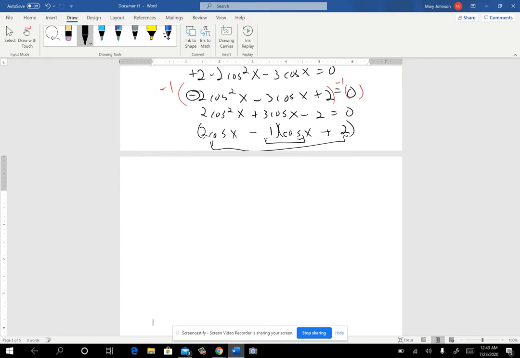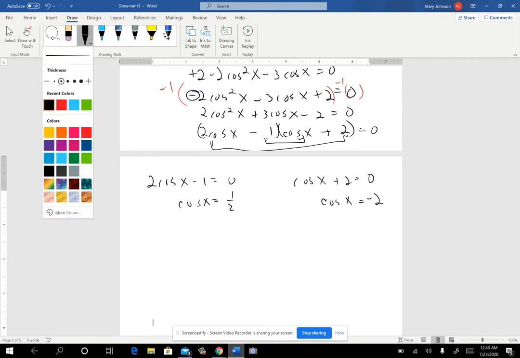Here I have -1 cosine x. So I would get the 3 cosine x, and I'd have the -2 I need. So I'm going to set each of those equal to 0. So on one side, I get cosine x equals -2. On the other side, I get cosine x equals 1/2.